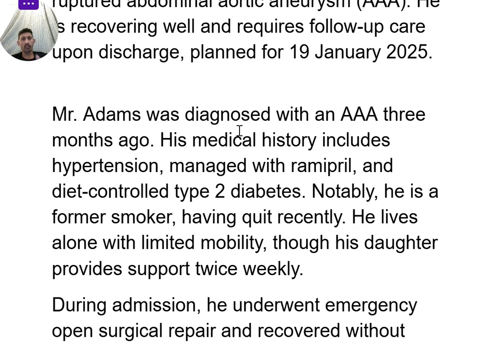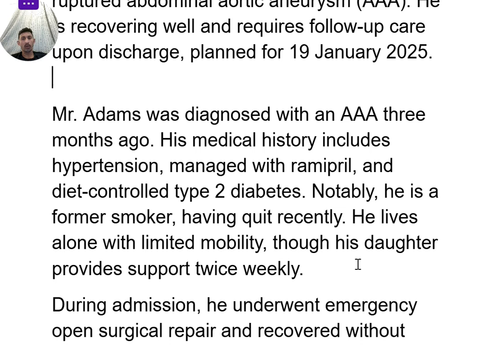Mr. Adams was diagnosed with an AAA, or you can say abdominal aortic aneurysm, 3 months ago. His medical history includes hypertension managed with Ramipril and diet controlled type 2 diabetes. Notably, he is a former smoker, having quit recently. He lives alone with limited mobility, though his daughter provides support twice weekly.